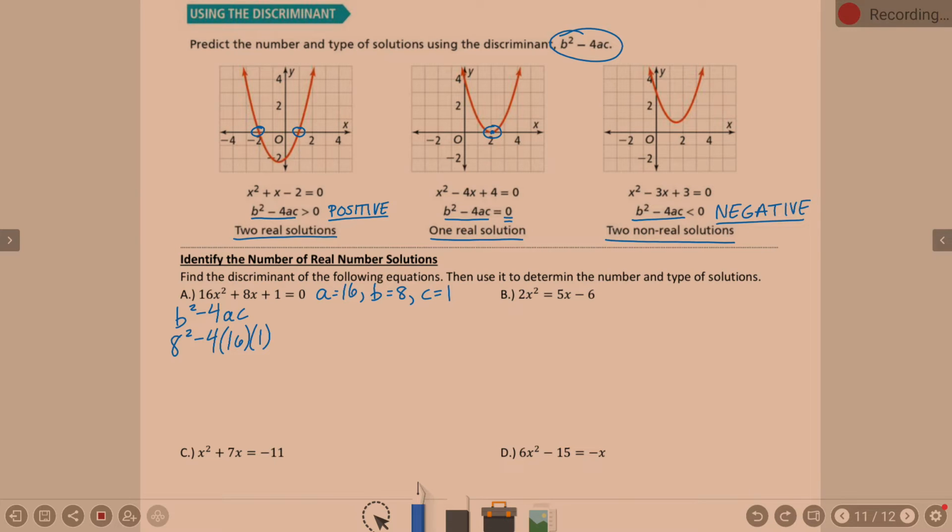By the way, you might want those calculators again today. I know 8 squared is 64. 4 times 16 is 64. And 64 minus 64 is 0.